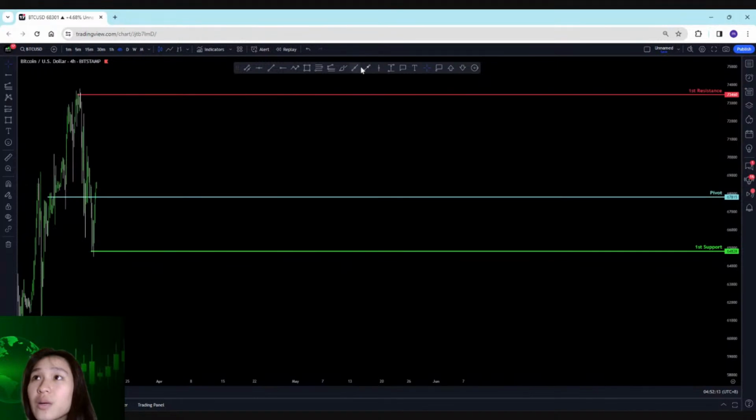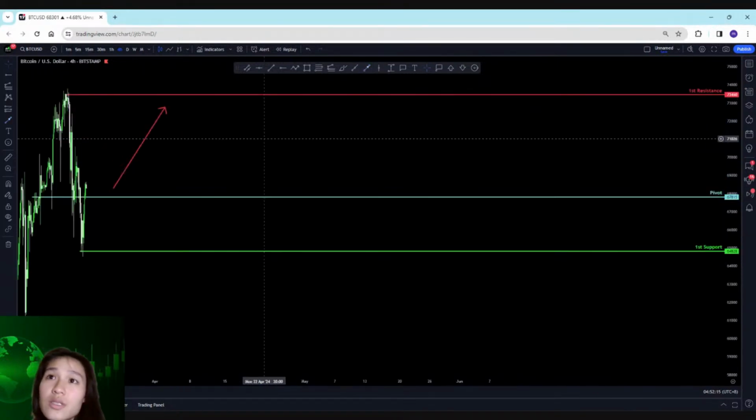And we can see that it's going up towards our first resistance.